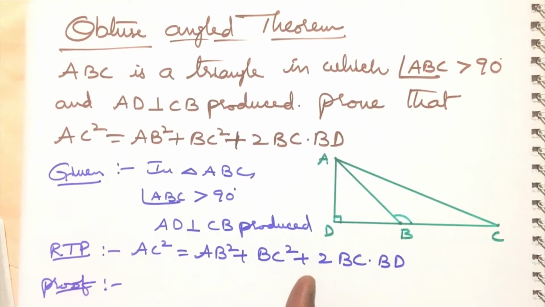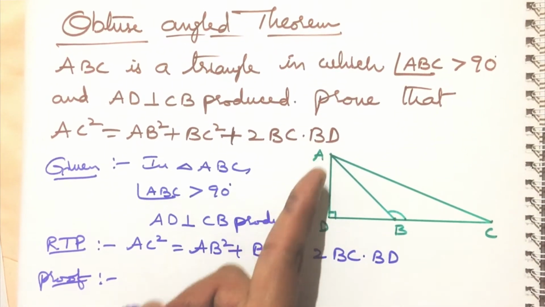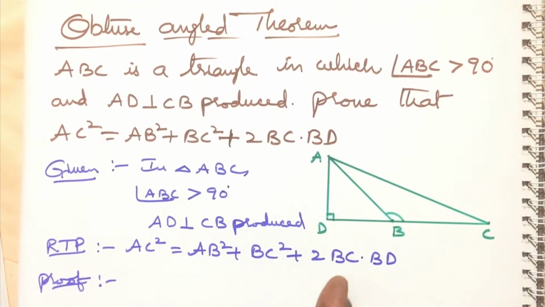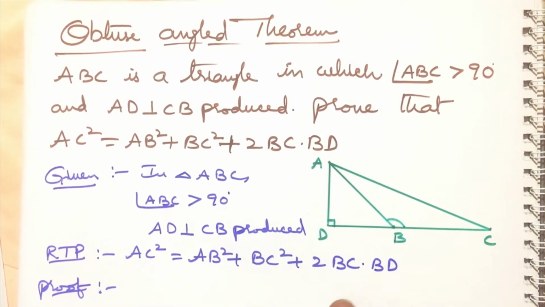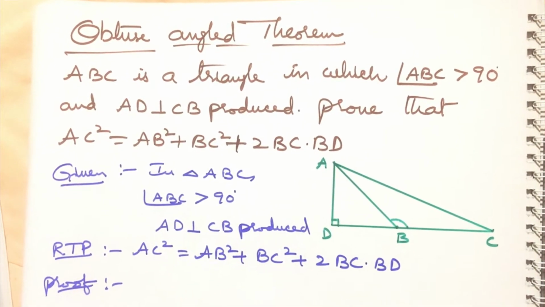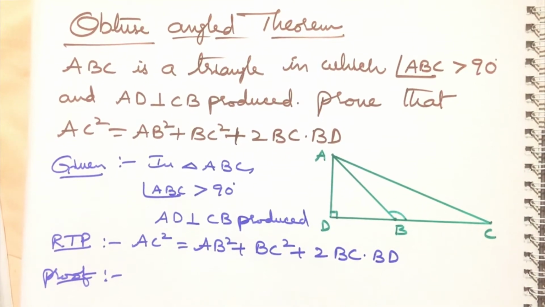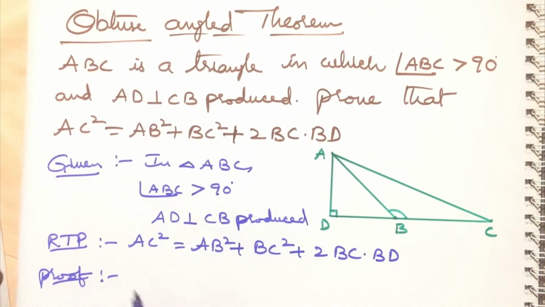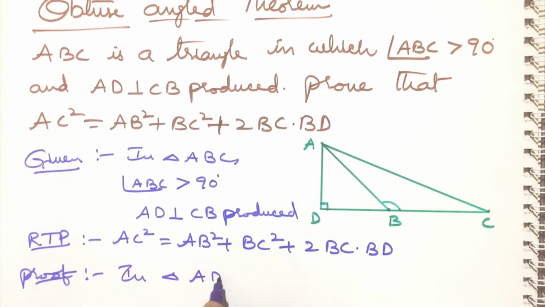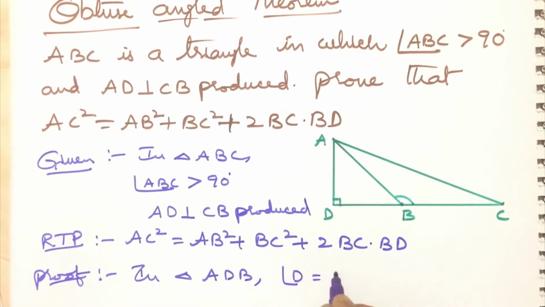look at this figure. Here in this figure we have two right triangles in total. One is ADB and the other one is ADC. Looking at the right triangles, we can remember the important Pythagoras property, that the square of the hypotenuse is equal to the sum of the squares of the remaining two sides. In triangle ADB, angle D is equal to 90 degrees.